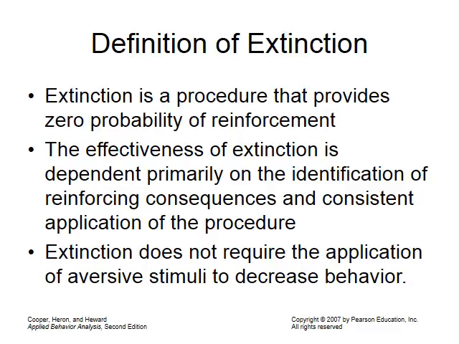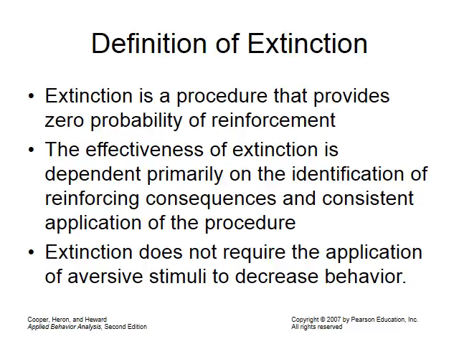So in school settings, we need to know, is the student trying to get attention? Is the student trying to escape demands? Is the student engaging in automatically reinforced behavior? And then you use that information to withhold that reinforcer for your target behavior. And then you also need to consistently apply the extinction procedure.